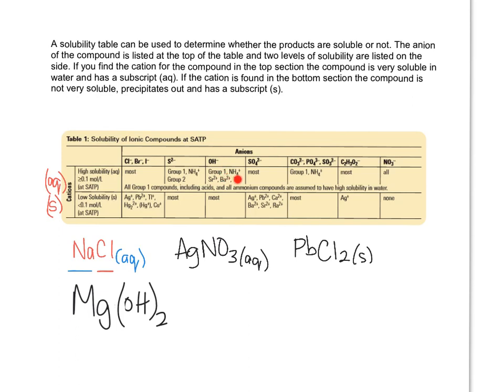Group 1, ammonium, strontium, barium, and tellurium have high solubility, but underneath, most are not soluble. So if you're not at the top, you fall in with the most at the bottom. So magnesium is not at the top, so it must be in here with most. So it is solid.